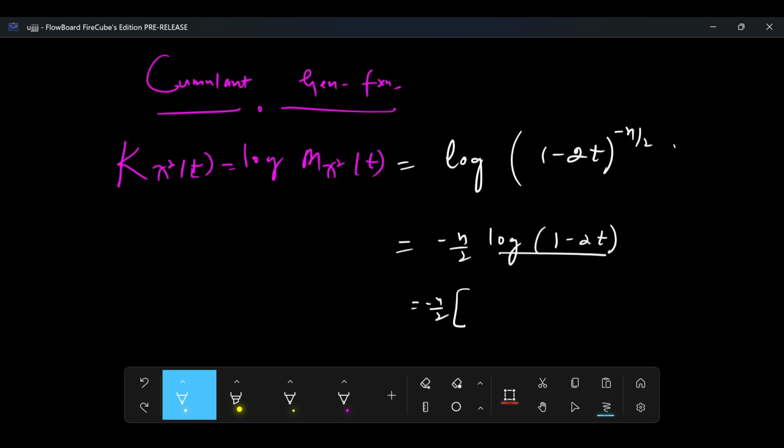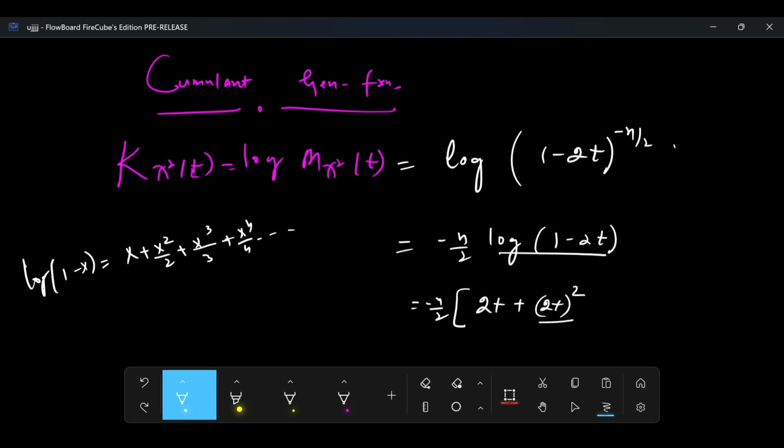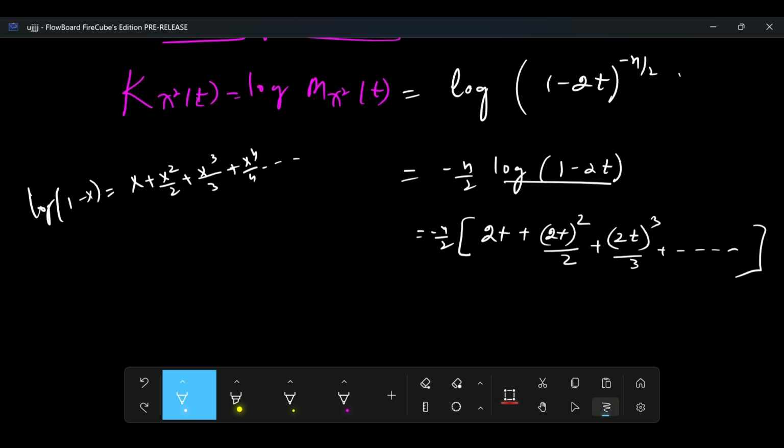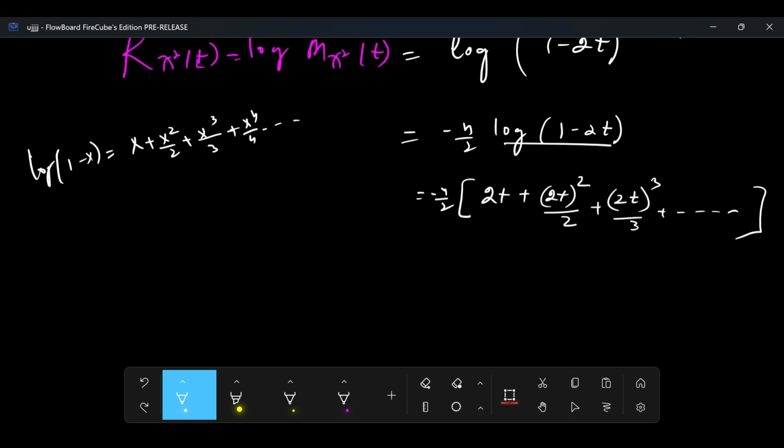In place of x we have 2t, so this is equal to 2t plus 2t square upon 2 plus 2t cube upon 3 and so on. So see, this is my cumulant generating function.